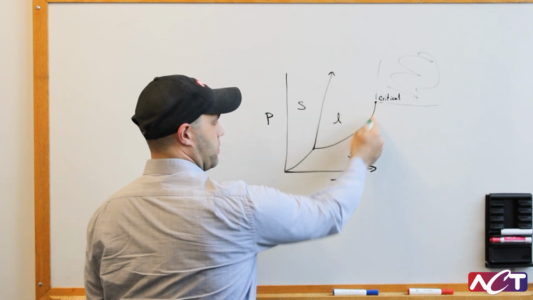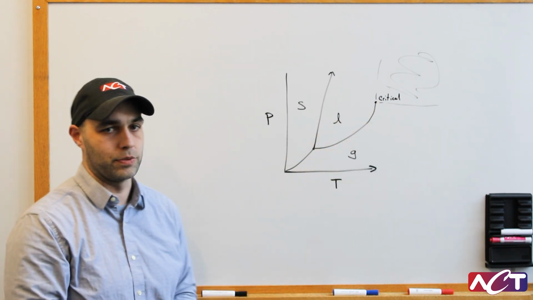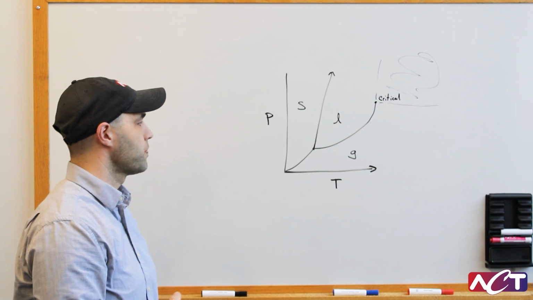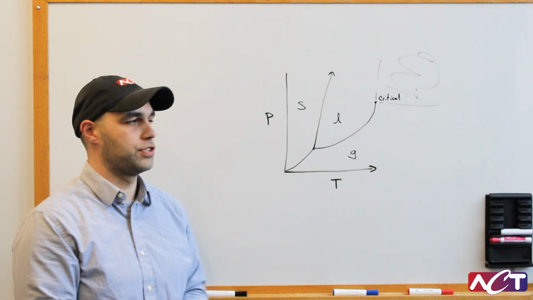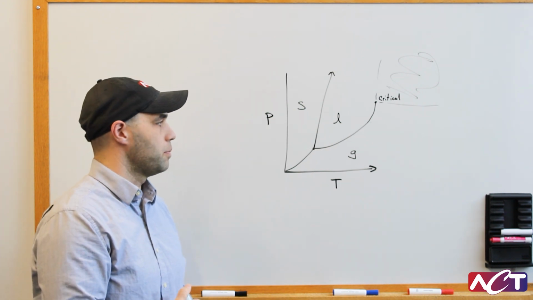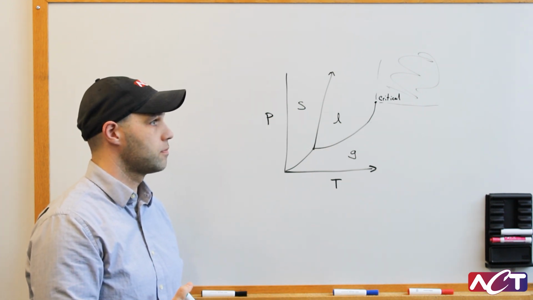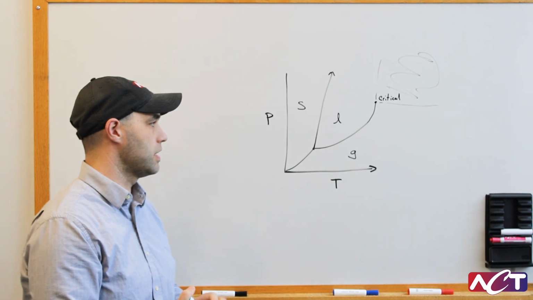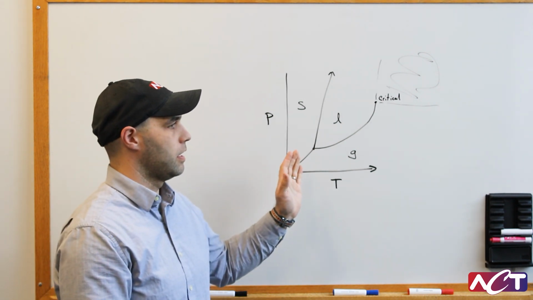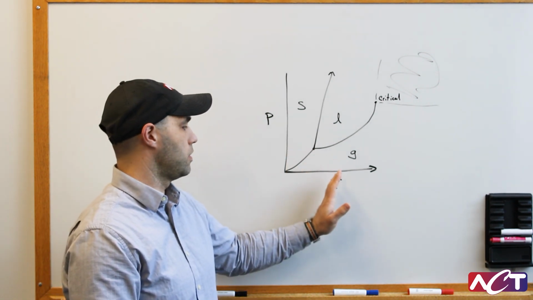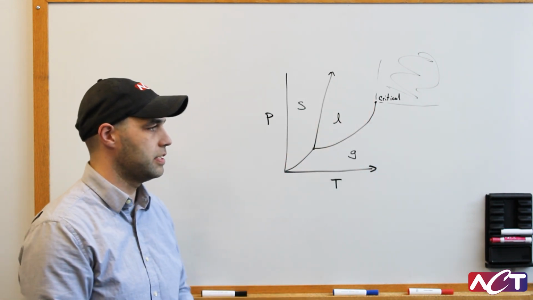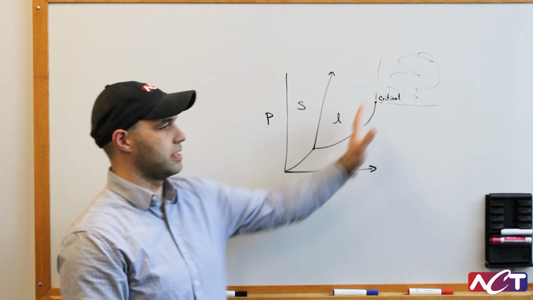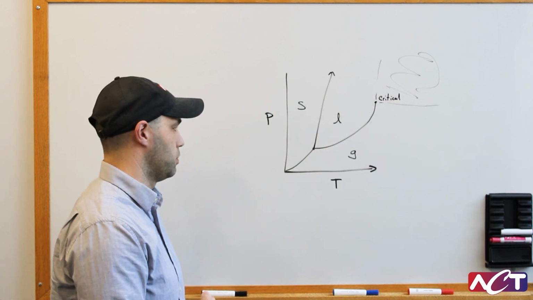Are we somewhere in this range where we can actually be moving between liquid and gas? And then where are you in that range? Typically we want to be operating closer to the critical temperature for a couple of reasons, but obviously, like I said, not beyond the critical point.